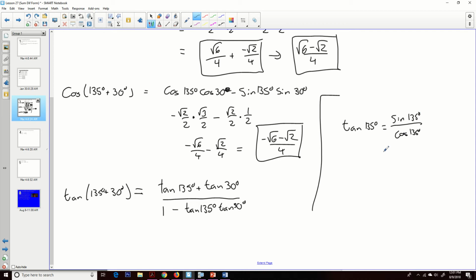I get the square root of 2 over 2 all over negative square root of 2 over 2. It gives me negative 1. Then the tangent of 30 degrees would be the sine of 30 degrees over the cosine of 30 degrees. The sine is a half. The cosine is square root of 3 over 2.